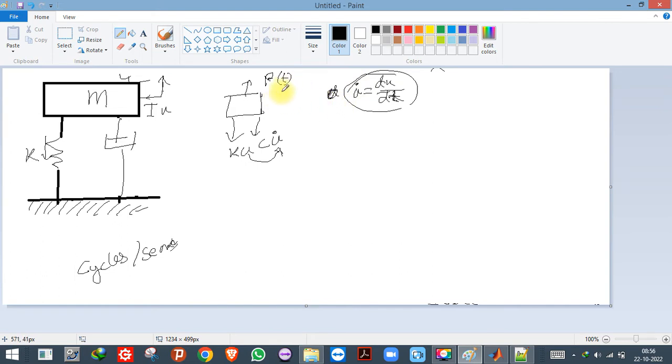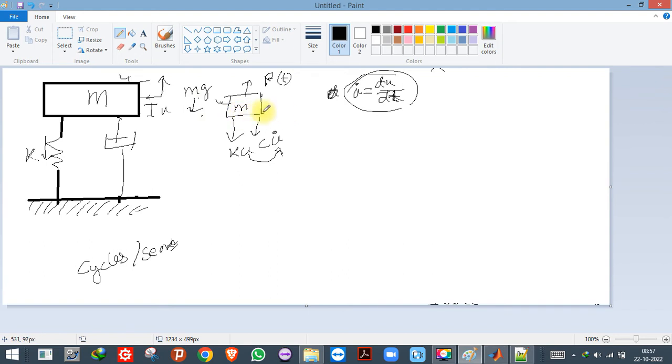So if you solve this system of equations, as it is moving up, now what will the equation be if I try to write it? Now gravity is also acting on this model, right? If gravity is acting, that means we have mass, so due to gravity we'll have another force mg acting downward.